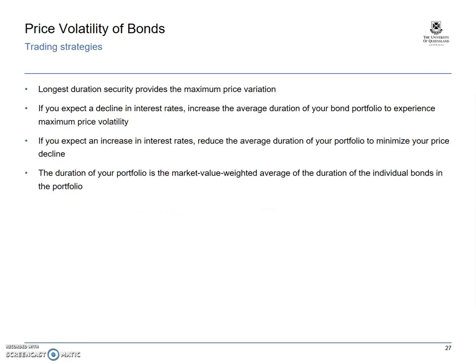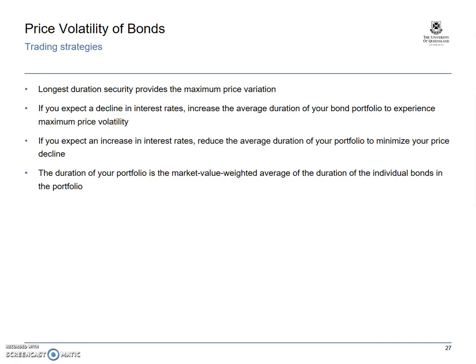So how can we use this duration? We can use that for particular trading strategies. The longest duration bonds or securities provide the maximum price volatility. So if we expect a decline in interest rates, then an increase in the average duration of our bond portfolio will experience the greatest price volatility.